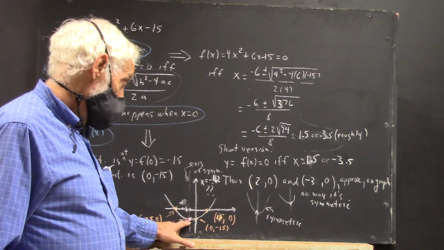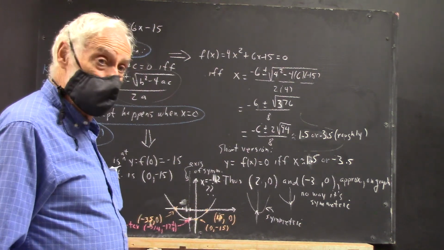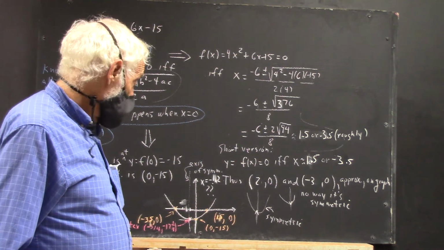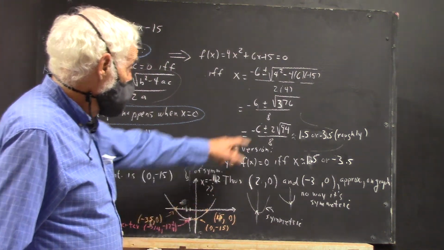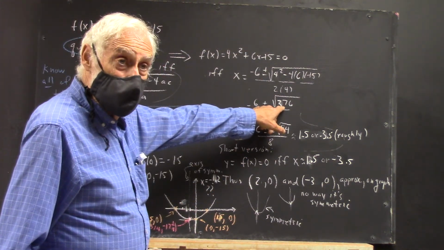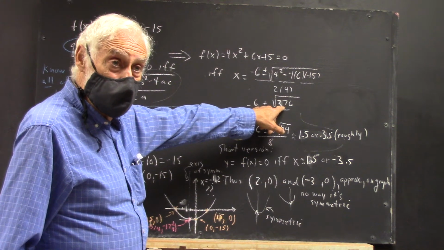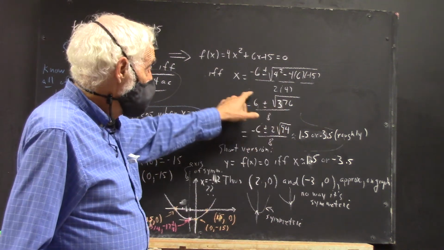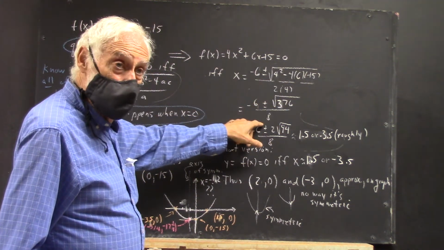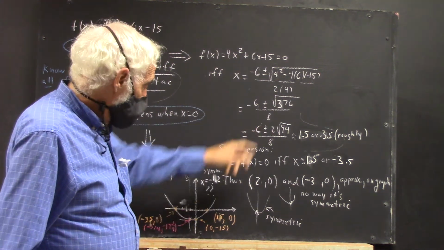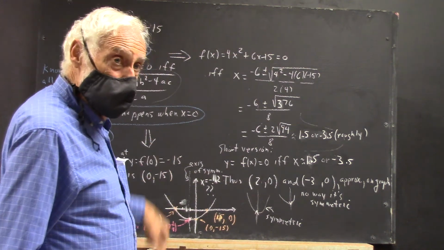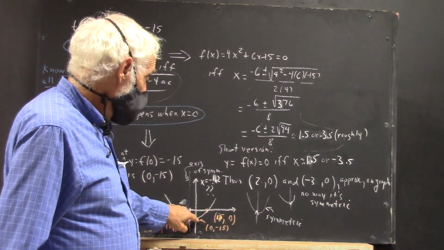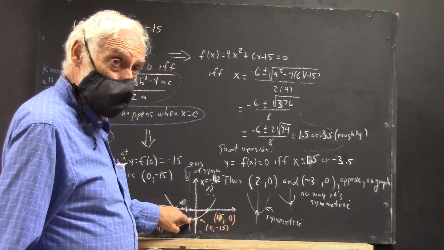If you don't have two zeros, you can still graph the thing, because you can always calculate the vertex, whether you get a positive or negative under the square root. The vertex is still going to be at this. So you're going to be able to find the coordinates of the vertex, and then you can use symmetry to draw the graph from just the y-intercept and the vertex.